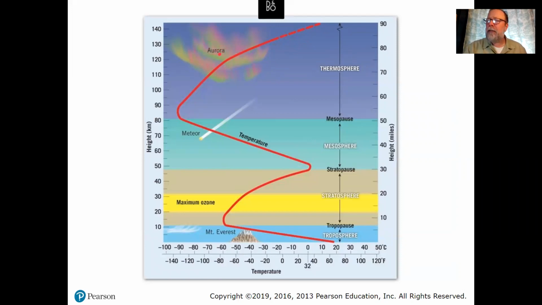I'm not going to get heavily into it except to say that in some cases, the atmosphere gets so incredibly superheated from this high energy radiation from the sun that it actually glows under certain circumstances. And that's called the aurora borealis in the far northern hemisphere toward the North Pole, or the aurora australis in the far southern hemisphere toward Antarctica.